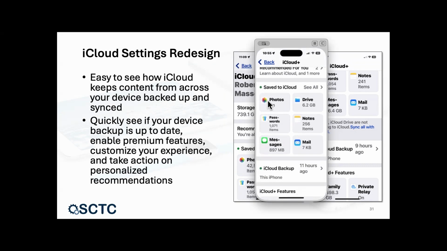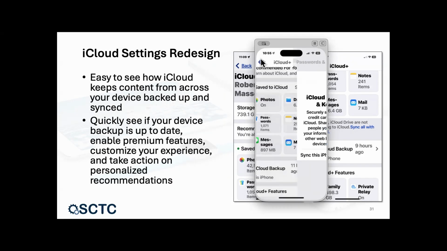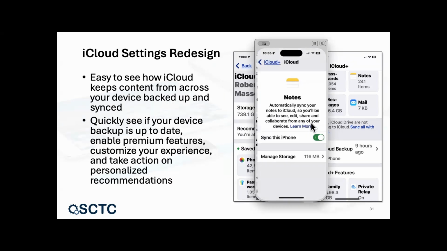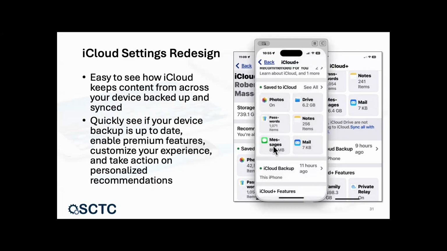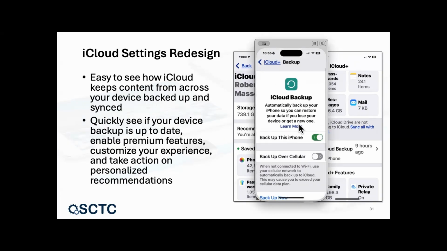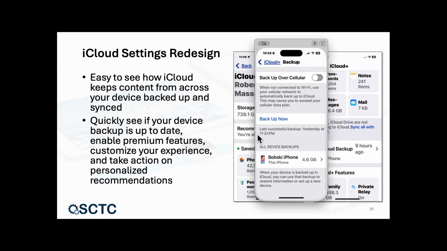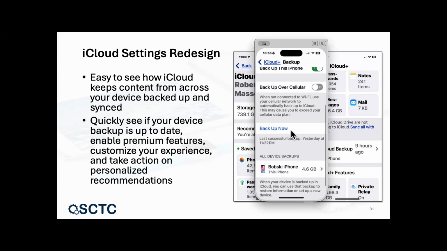And this is kind of cool because it has little panels for each of your iCloud applications. We talked about passwords. You can see I'm syncing my passwords. Here's my notes. I'm syncing my notes with my Mac and my laptop. I'm keeping track of messages. You can see that I backed up my phone yesterday at 11:22, and my phone backed up.